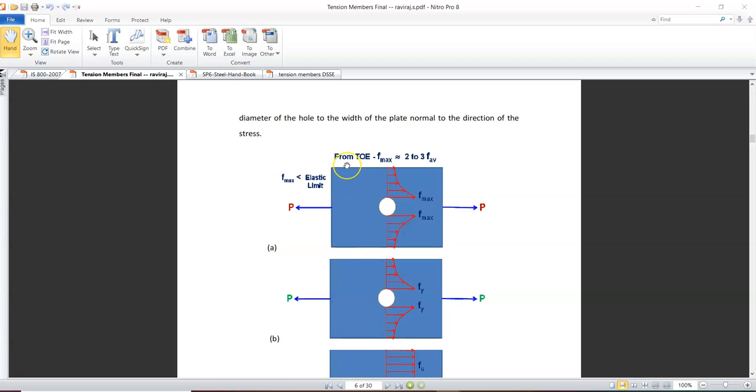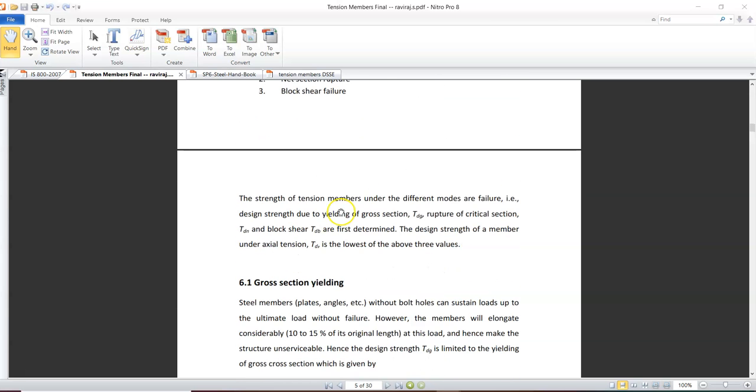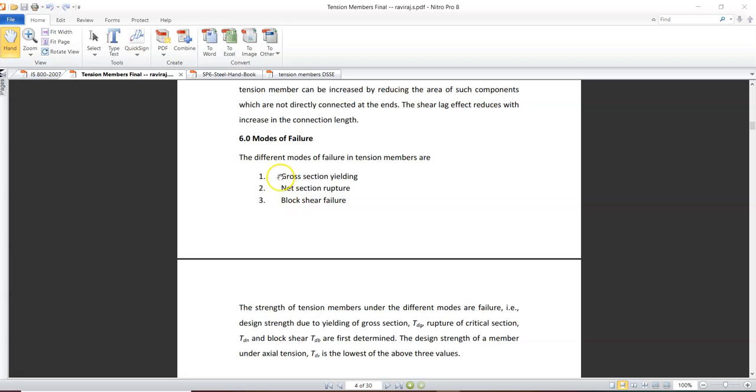First one, yielding, as the name says itself, yielding of gross section. Gross section is the sectional area away from the connection. When this gross sectional area reaches yield stress, your section is assumed to have failed by tension. First one, yielding of gross section or gross section yielding.